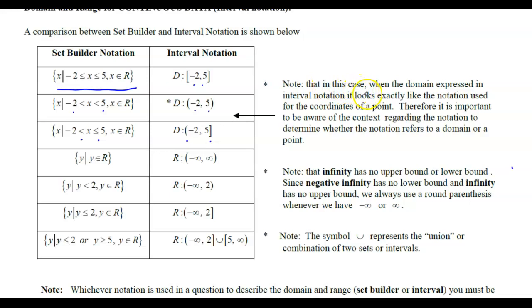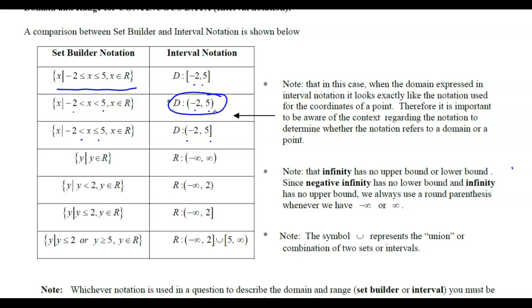So note that in this case, when the domain is expressed in interval notation, with this particular domain, what we want you to note there is that it looks like an ordered pair. Because ordered pairs, when you plot a point, you go 2, 7, right? In round brackets. So it looks like it is.